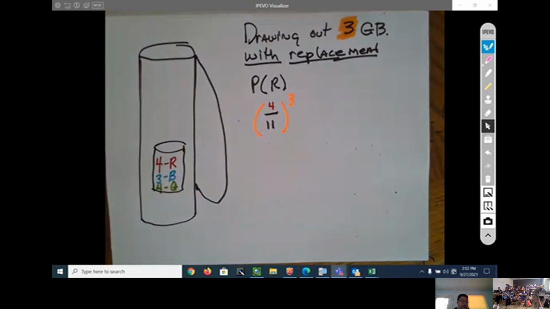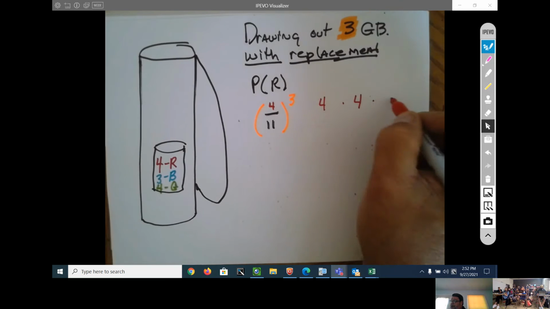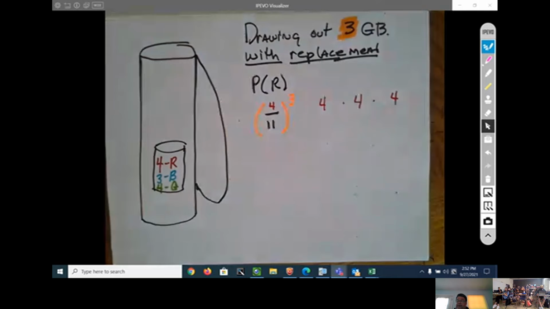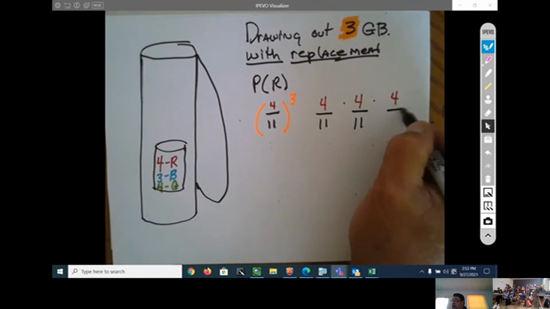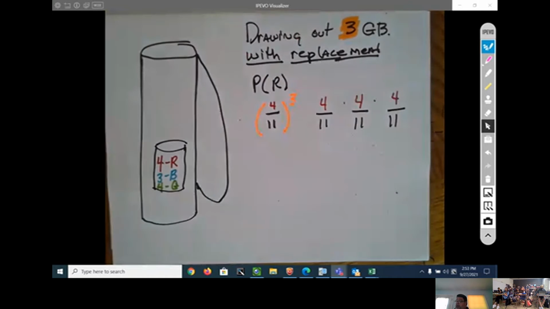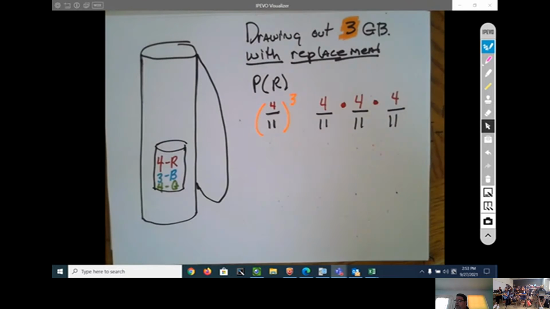Or you could do it like this. You could say 4 over 11 times 4 over 11 times 4 over 11, because we are using the multiplicative law, so that's why you're picking a red and a red and a red.